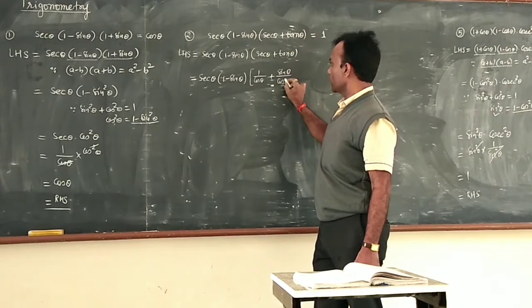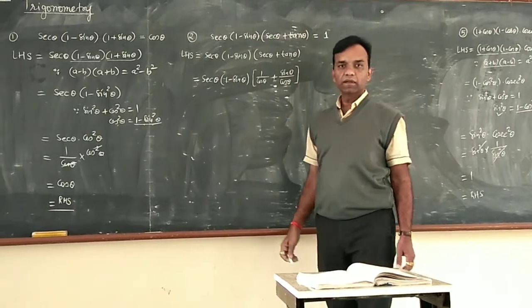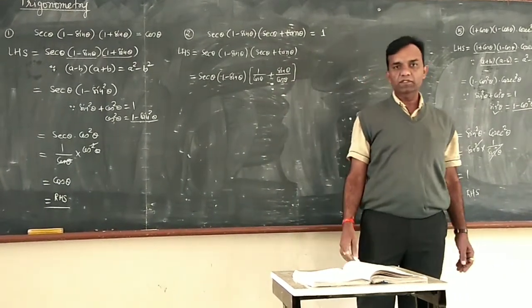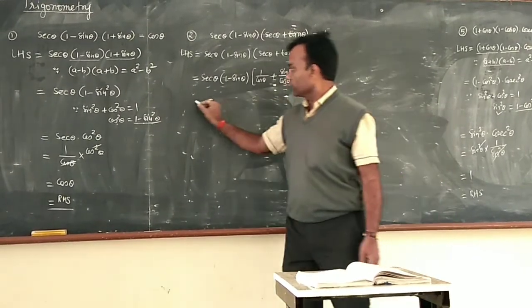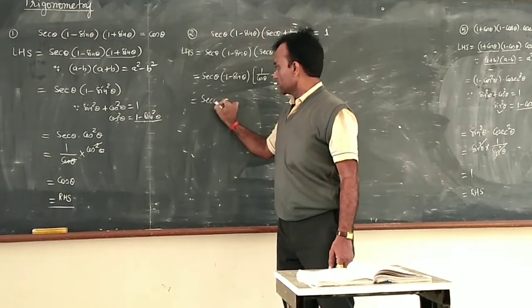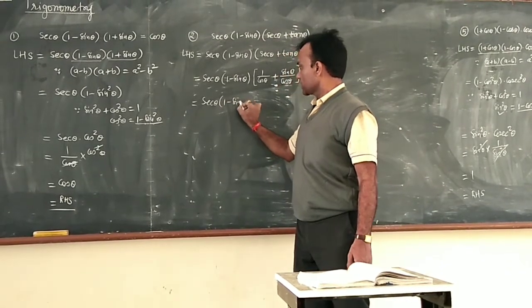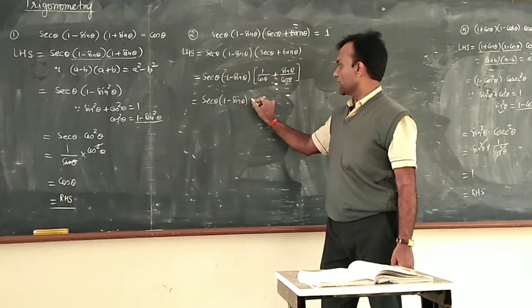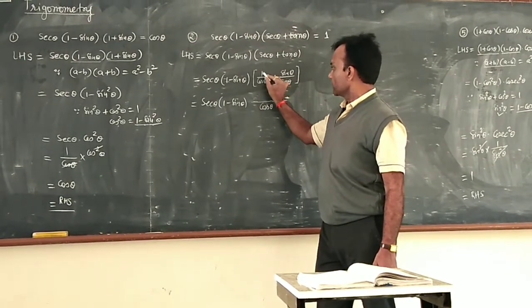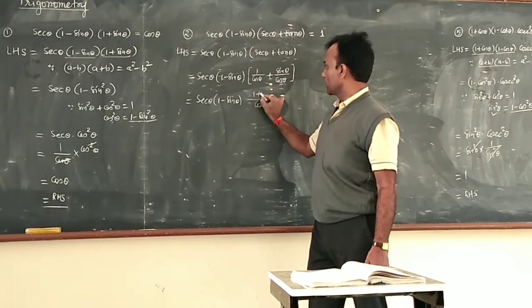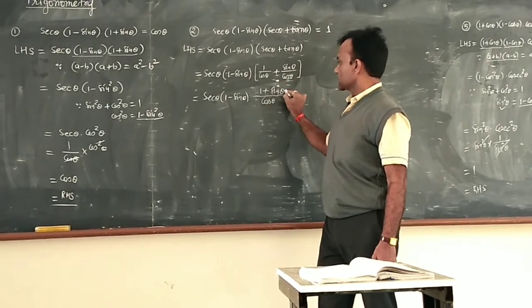They are not in the form of squares, so we put in the formulas for sec theta and tan theta. You put 1 minus sin theta as it is here, and then taking the LCM, your LCM is cos theta. Then you have 1 plus sin theta.